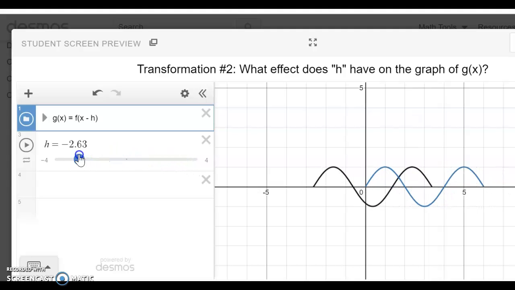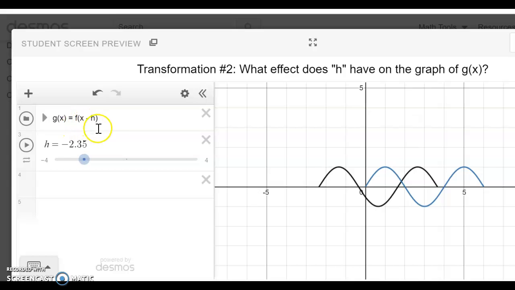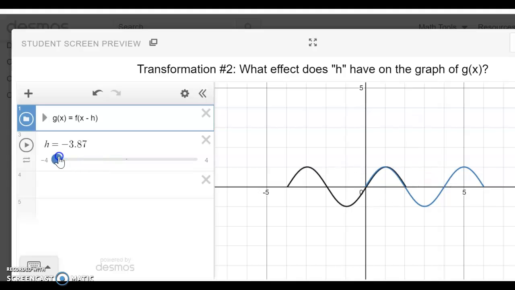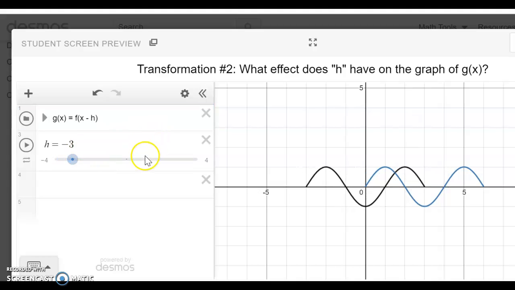If our number is negative here, so f of x minus h, f of x minus a negative 2.35, that becomes plus a positive. So if it says f of x plus 2.35 in our parentheses, that's when we're actually shifting to the left. We'll talk about an example of this in just a second so that you can see this effect.